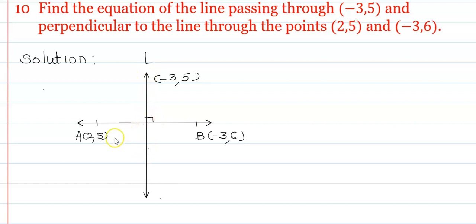Therefore, we'll find the slope of AB, and the slope of this line L is nothing but the negative reciprocal of the slope of line AB. Now this point we treat as a point P.